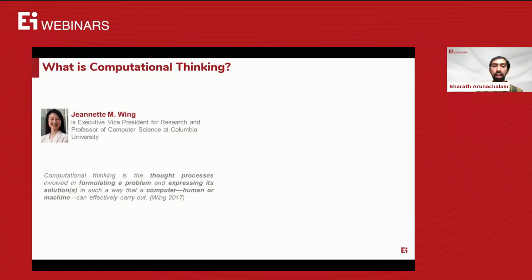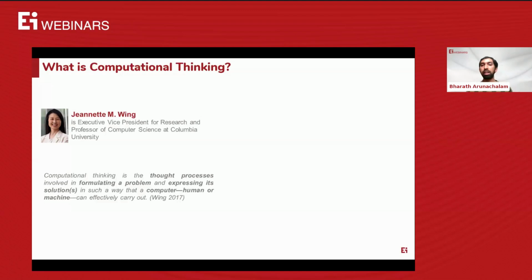Here, the central piece of this definition is that humans are the thought engines, because humans understand the scope of the problem and come up with the solution. Once they come up with the solution, they would probably instruct another human or a team or maybe a computer through code to execute that solution. So that's how computational thinking is seen.